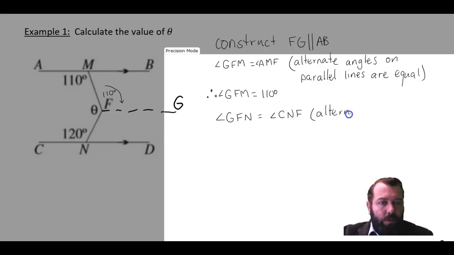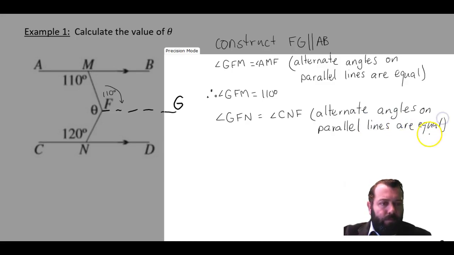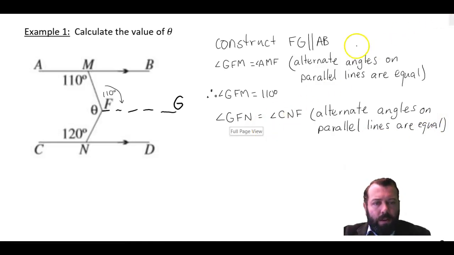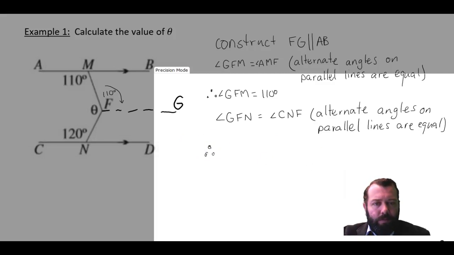Alternate angles on parallel lines are equal. Rightio. And again, I'm going to say, therefore, angle GFN equals this time 120 degrees.